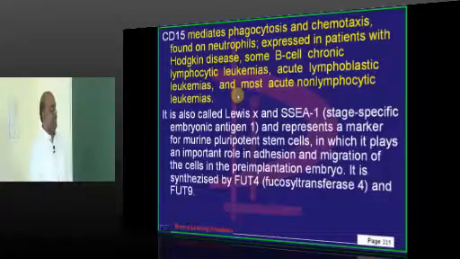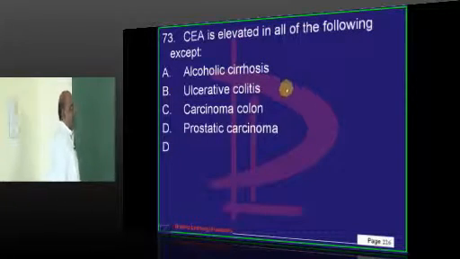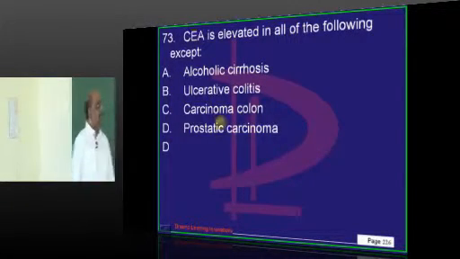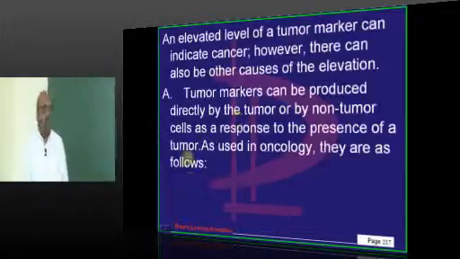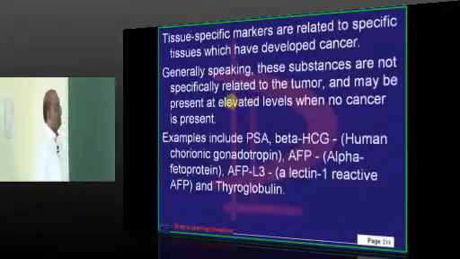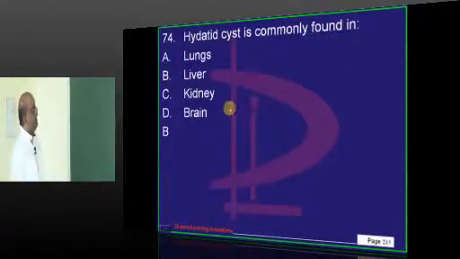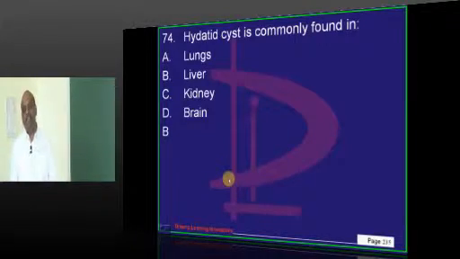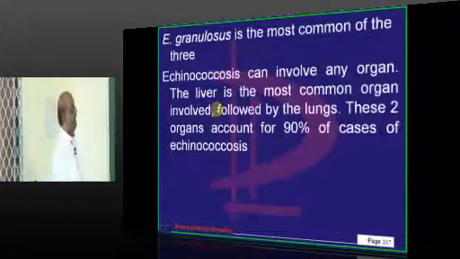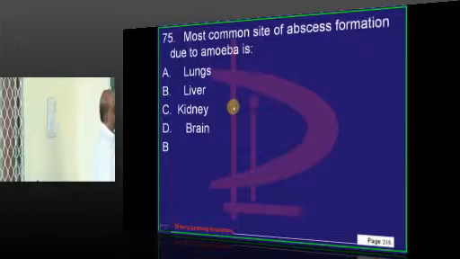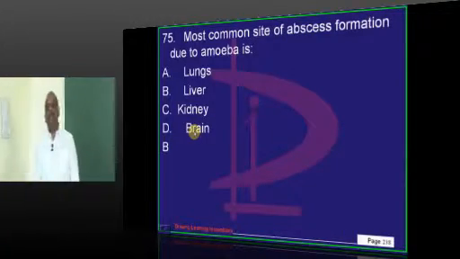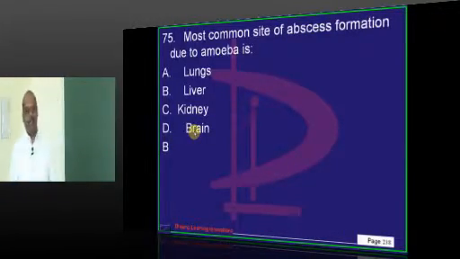Then in prostatic carcinoma, there is no CA elevation, but in all the remaining conditions you find it. Now doctor, liver hydatid cyst is the most common form of hydatid cyst. Amoebic abscess is commonly in the liver once more.